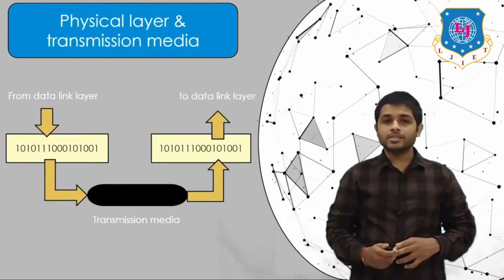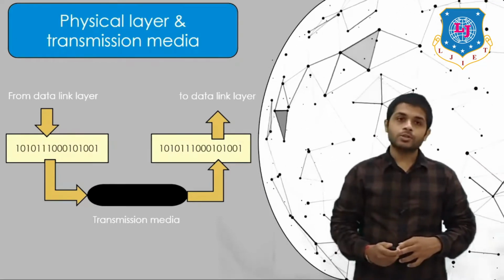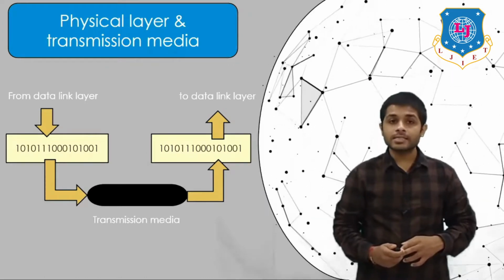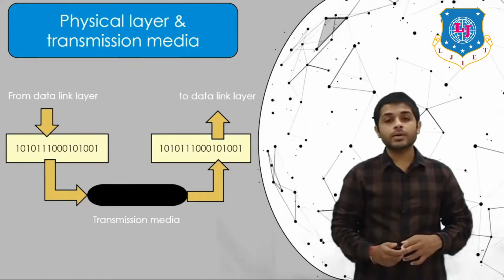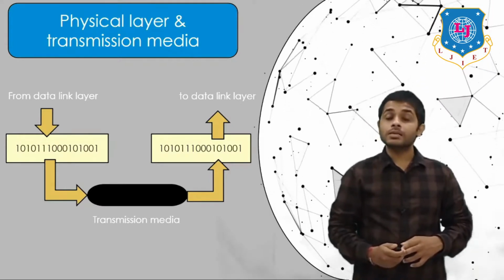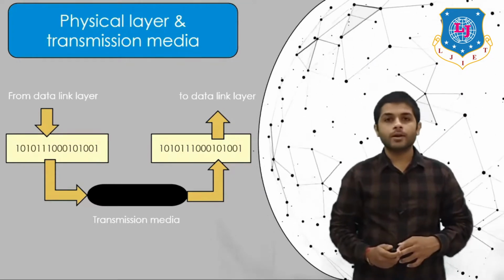You know that at the sender side, the flow of data is from top layer to bottom layer. So when the sender is sending data, at the sending side, the bits will be converted into signal. At the receiver side, those signals will be converted into bits and delivered to the upper layer.